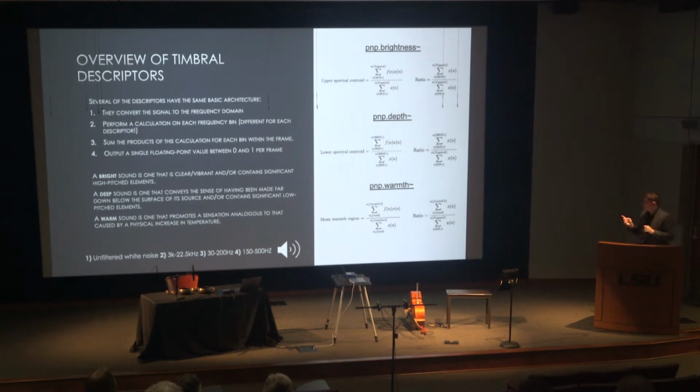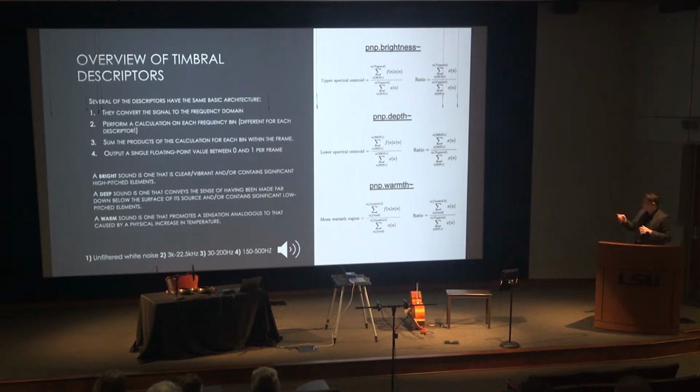We do fundamental frequency analysis on the signal. If it's a flute, it's the lowest note the flute is playing at that given time. Then we take that fundamental frequency and multiply it by 3.5. This gives us a range of frequencies that we call the mean warmth region, and this is the area within which we calculate the spectral centroid.